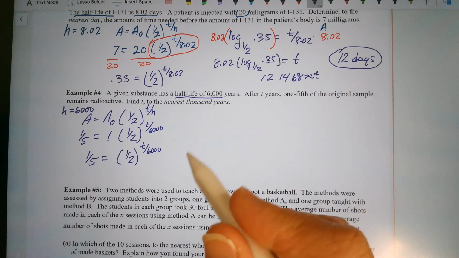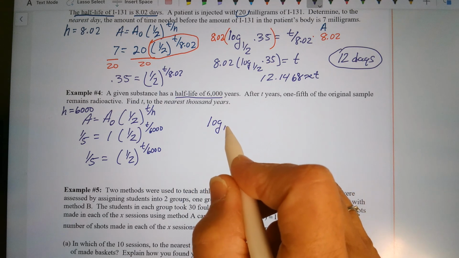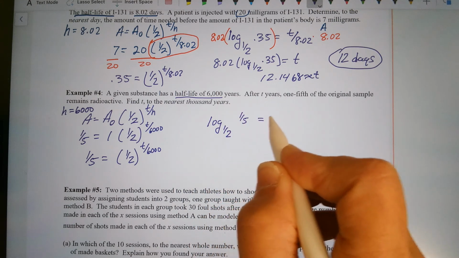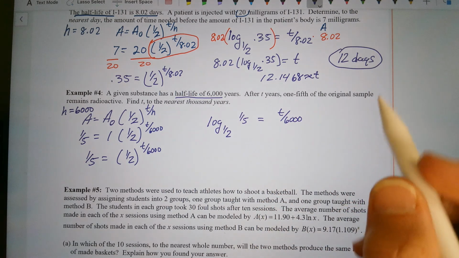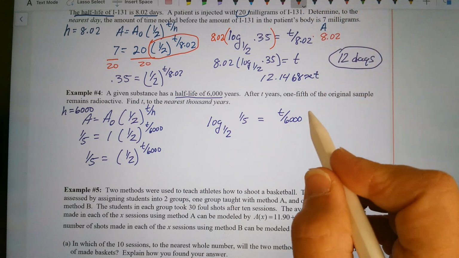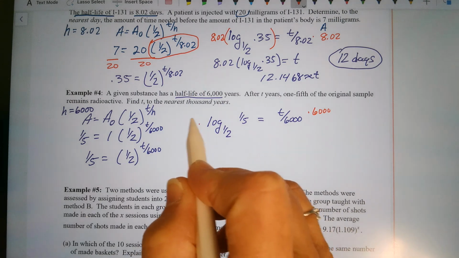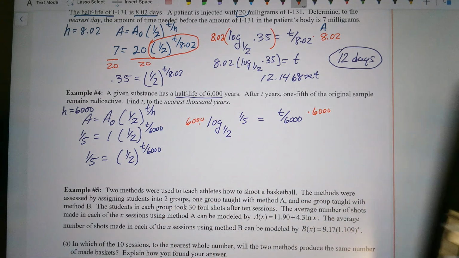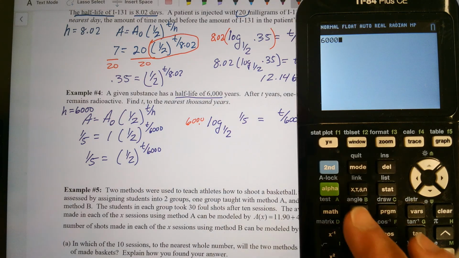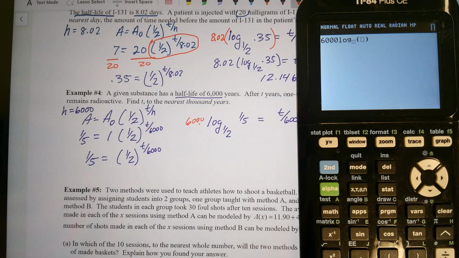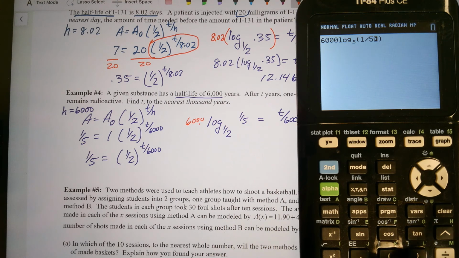We switch to log form. Log base 1/2 of 1/5 equals t divided by 6,000. Get rid of the division by 6,000, multiply. Go to the calculator. 6,000 times log base 1/2 of 1 divided by 5.